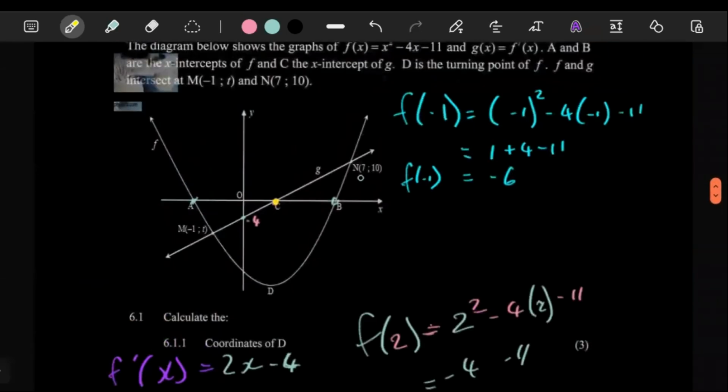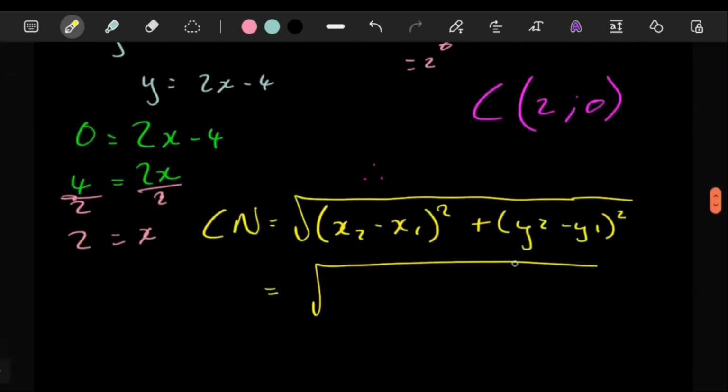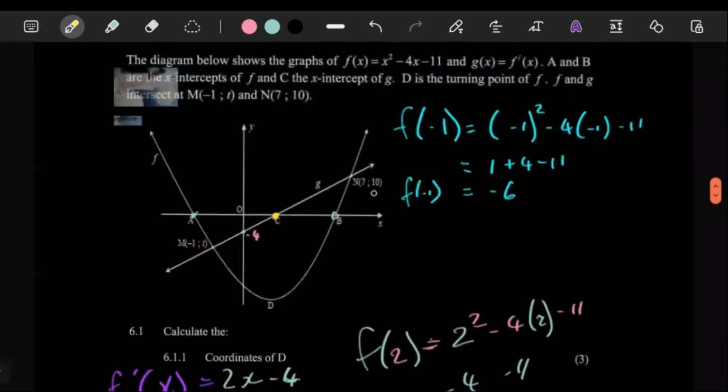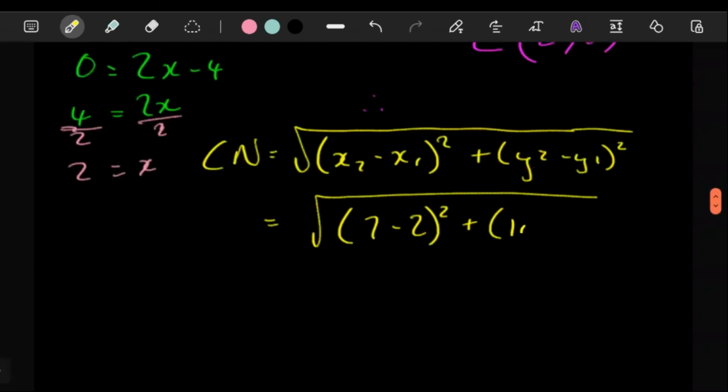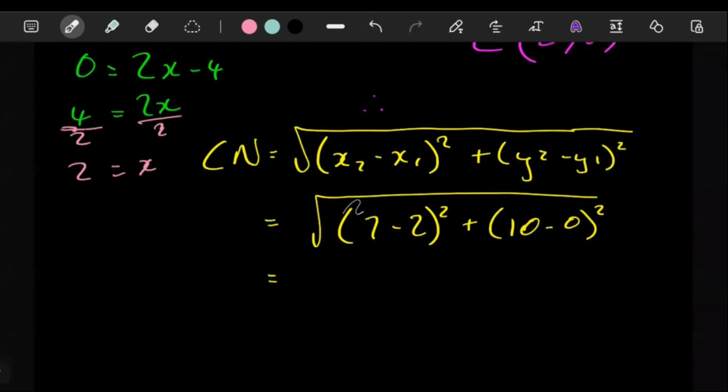We can say 7 minus 2, squared, plus 10 minus 0, squared. So from here, 7 minus 2 is 5. 5 squared is 25. 10 squared is 100.